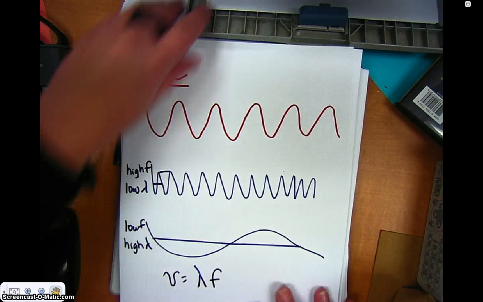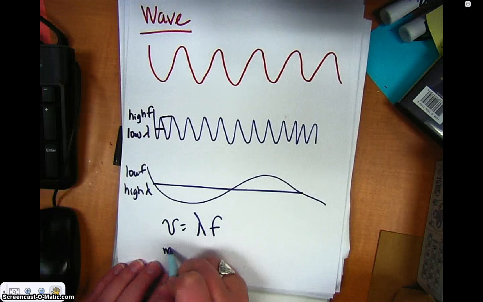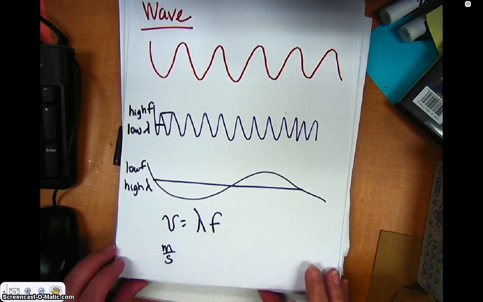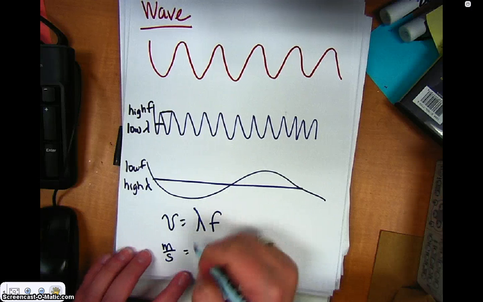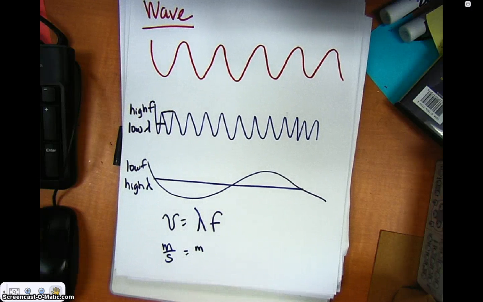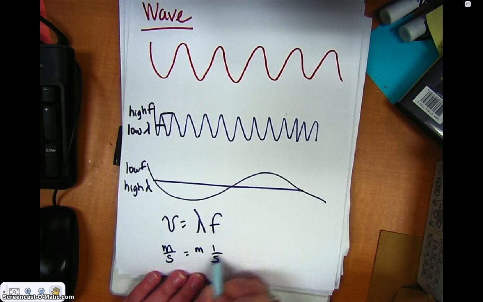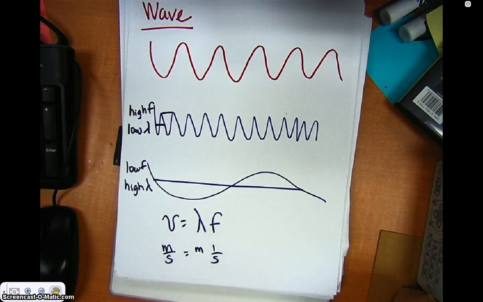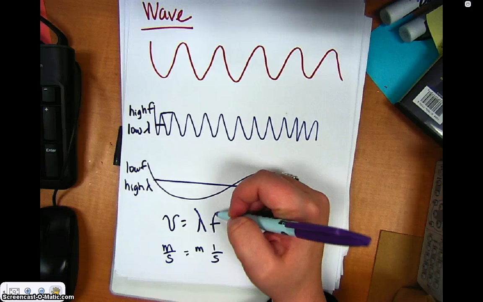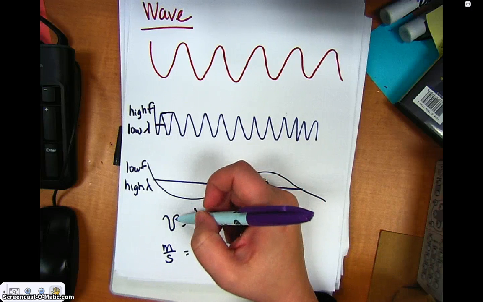Now, we know the unit for velocity is meters per second, right? And I know that wavelength is meters. And remember, frequency is hertz, which is 1/seconds. So if you multiply those, you see how the units match up with one another. So we will be doing calculations calculating wavelength, frequency, and velocity.